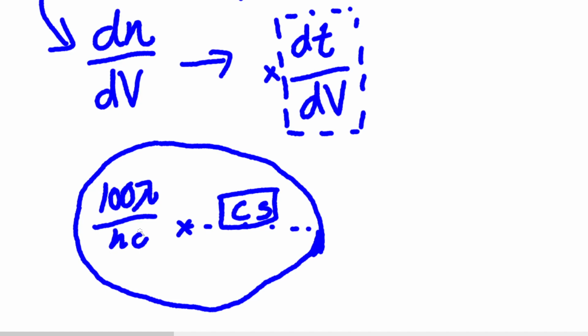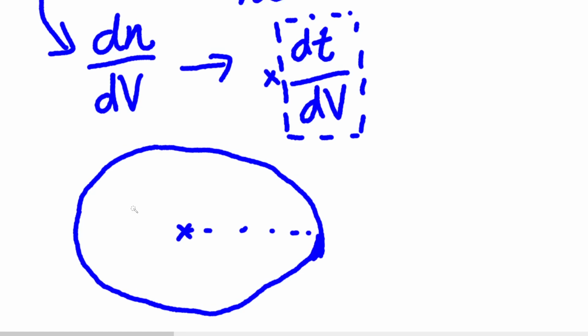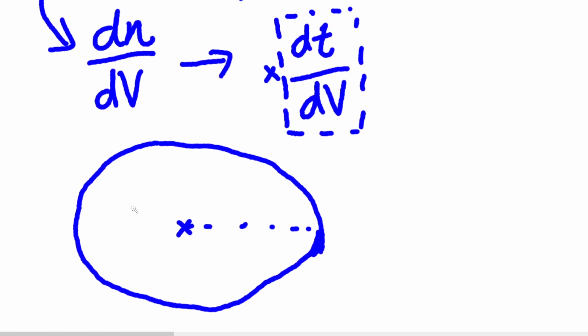But this is not everything it seems. What you want to consider is that you're really looking for an amount of photons dn that is contained within this sphere at the point that it just left the light.